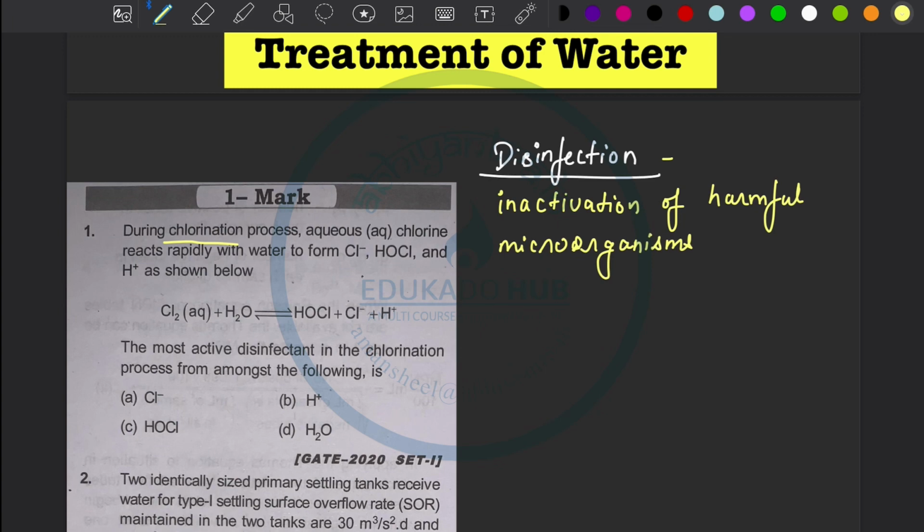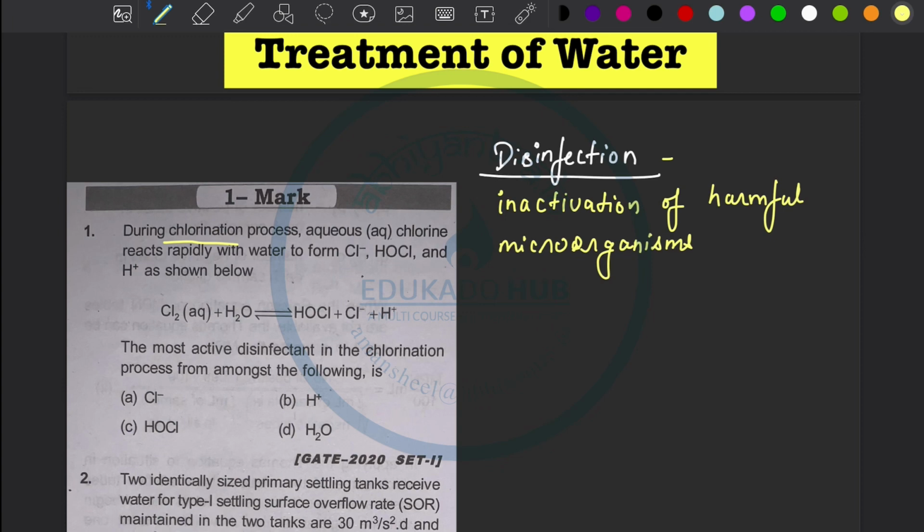It is cheap, it is a good disinfectant, it has higher residual power. That means it will remain even after disinfection is completely done, and the effect of this disinfection will last for some time till the water is supplied for domestic use.